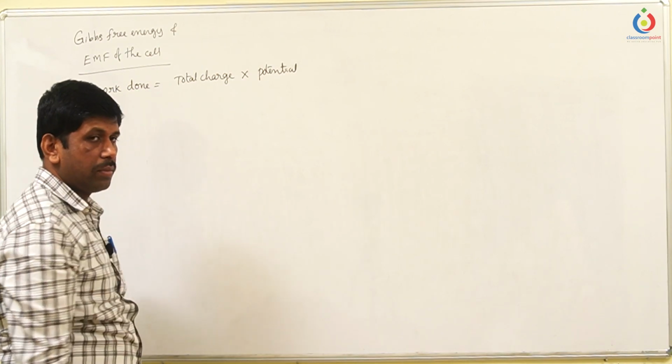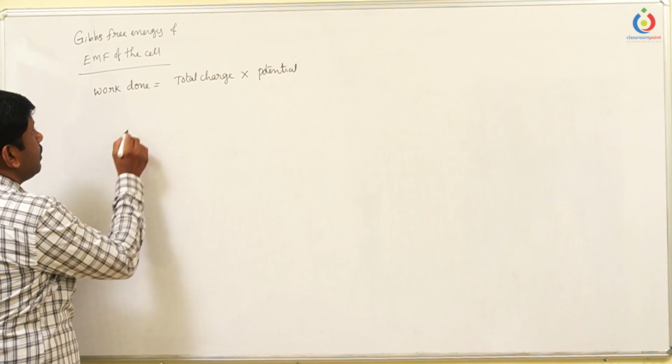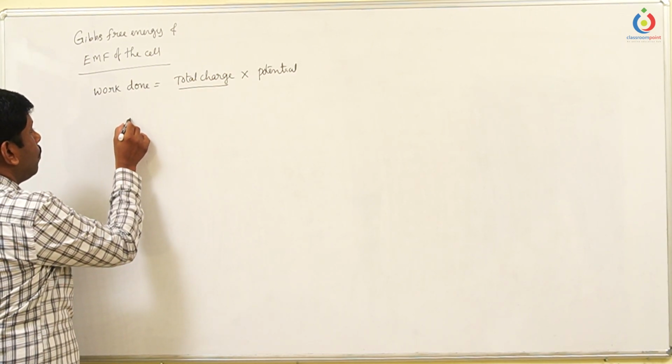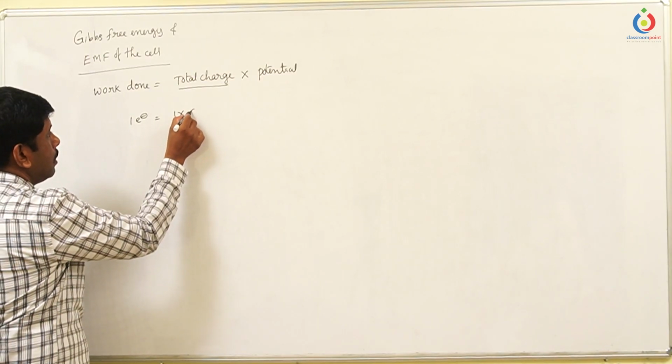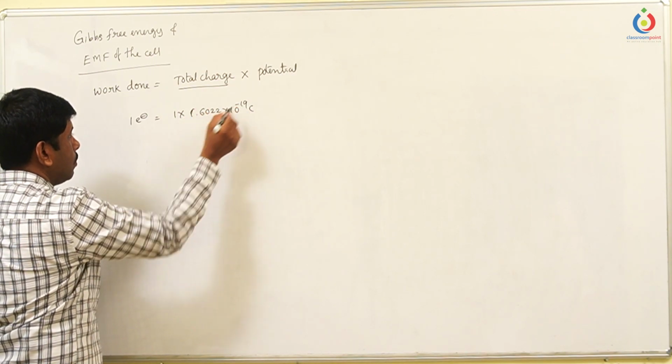Some potential is there. Then how to calculate the total charge? Let us take it in terms of the number of electrons. One electron charge is equal to 1 into 1.6022 into 10 power minus 19 coulombs.